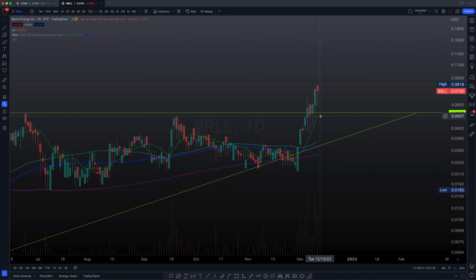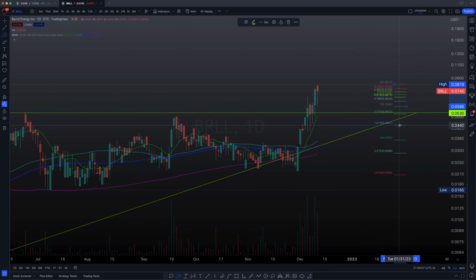Another way we can take the price objective is an inverse fib from the range low of today to the range high from today, and you can see that we have the 1.618 at 4.41 cents, and it shares some confluence with the SMA 10, which is located at about 5.09.